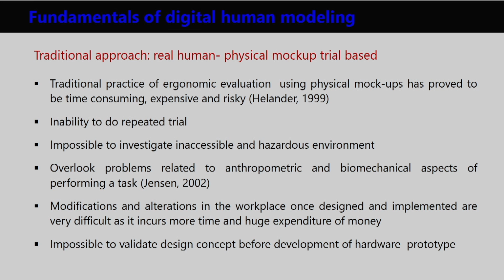So, first, the traditional practice of ergonomics evaluation using physical mockup has proved to be time consuming, expensive and risky, as reported by Helander 1999. Then there is inability to do repeated trials. In the traditional approach, where a real human, real physical mockup trial is going on, repeated trial and modification is difficult, because you cannot ask the participant to come many times.